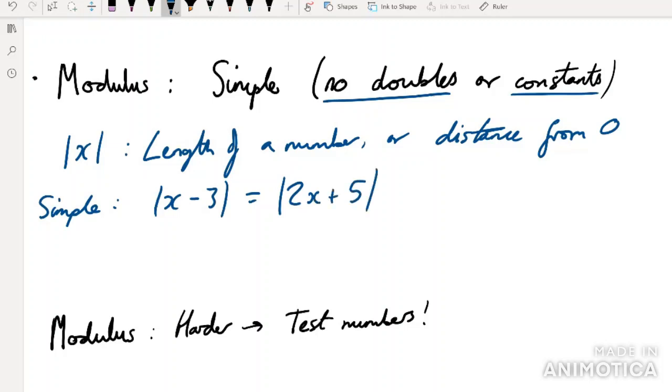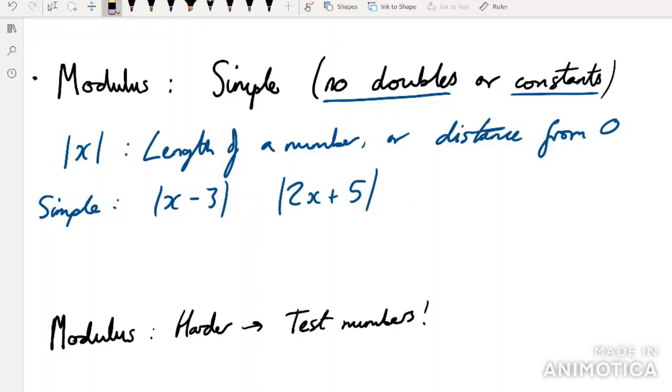We haven't got any double modulus on one side, and we don't have any constants. Not simple would be, and you'd be surprised how much harder this makes it, the moment I add a plus 3 there, or the moment I add another modulus. So in any modulus question, if you can, and you're not always going to be able to, get one modulus and no constants on each side.